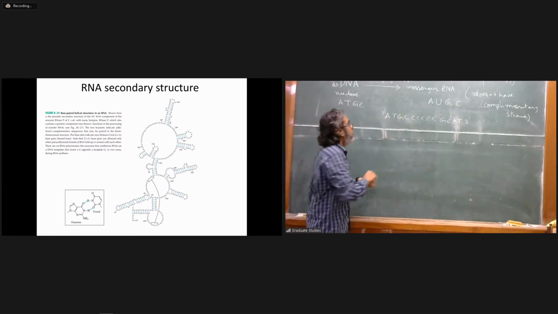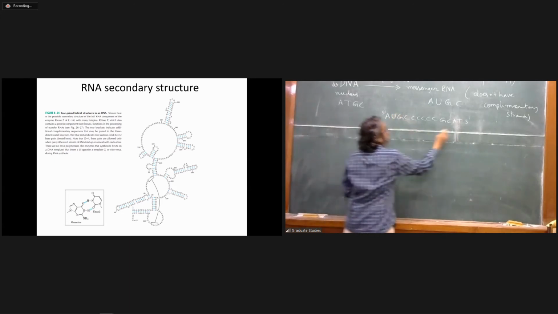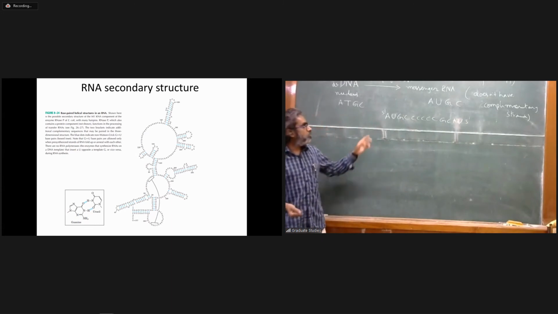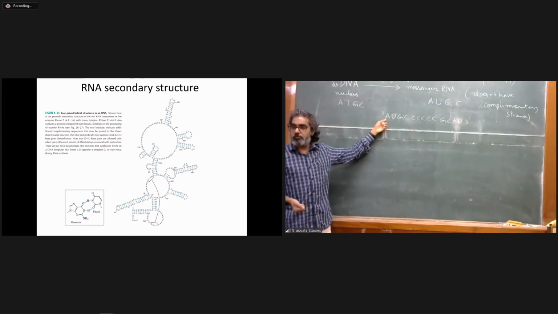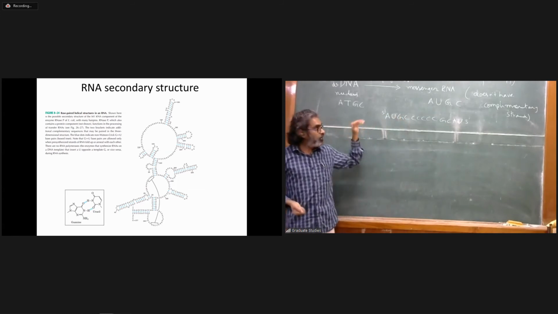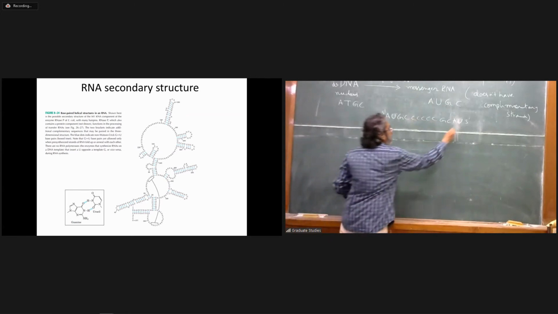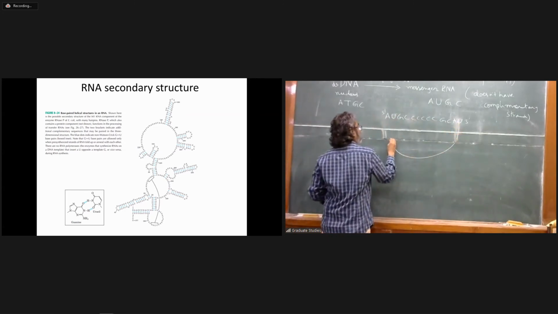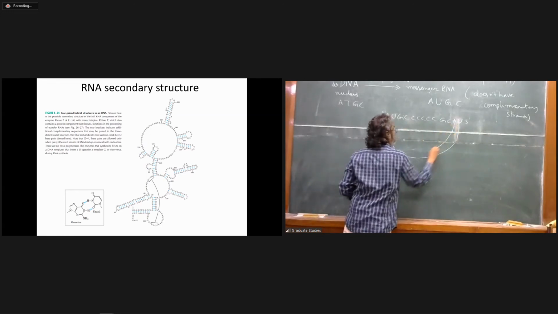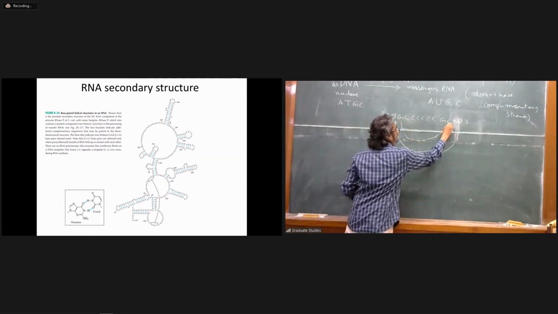In RNA we don't have T, so it is U. We know that A loves to pair with U, and G loves to pair with C. Because you don't have a complementary strand, the strand itself can form hydrogen bonds within the single strand.